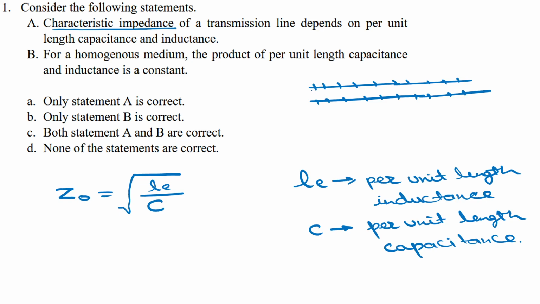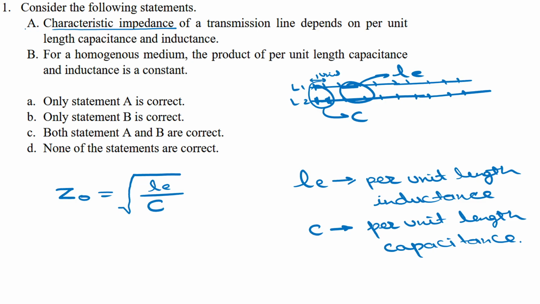Let's say this is a two wire transmission line, wire 1 and wire 2. Let's say this is 1 unit, maybe meter, centimeter, millimeter, or something smaller. Whatever the capacitance between these two is, is the per unit length capacitance, and there will definitely be some inductance also, that is the per unit length inductance.